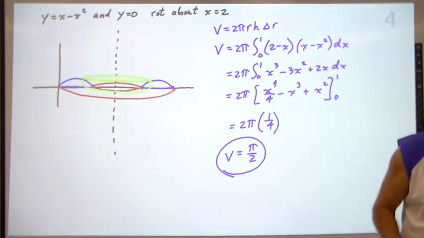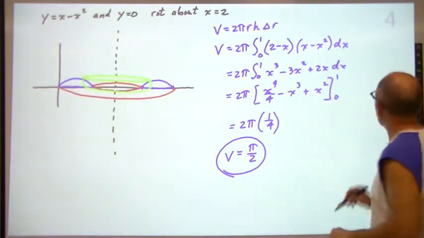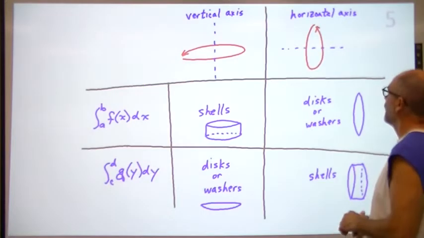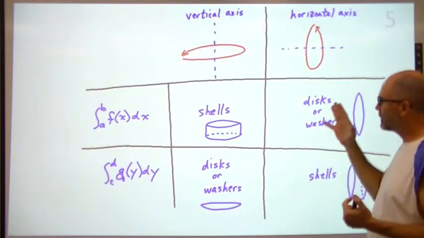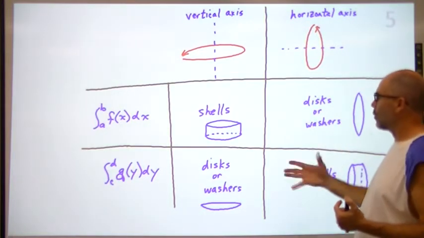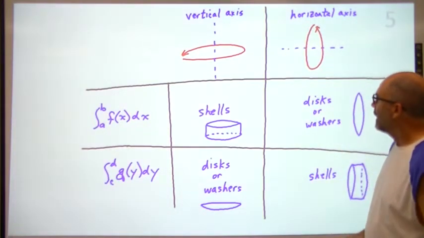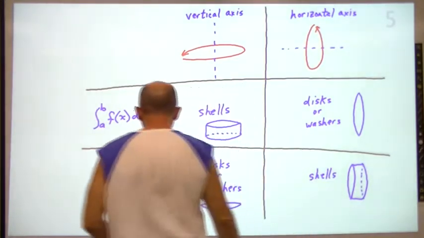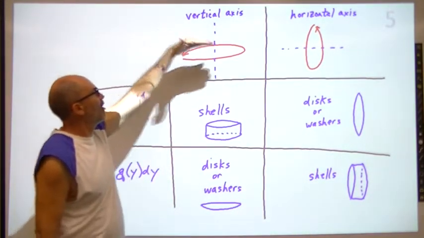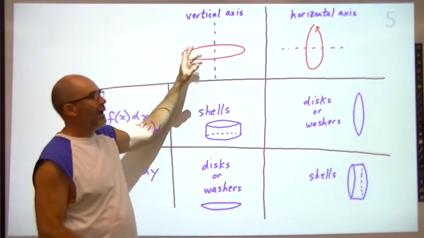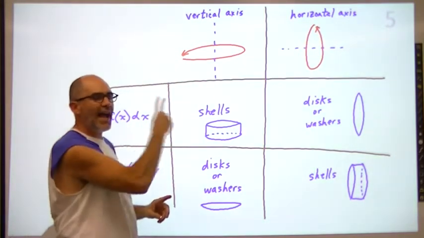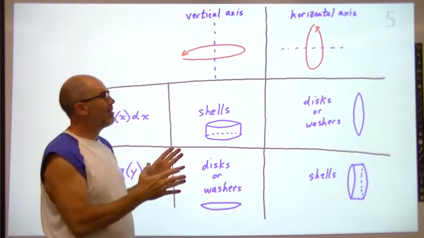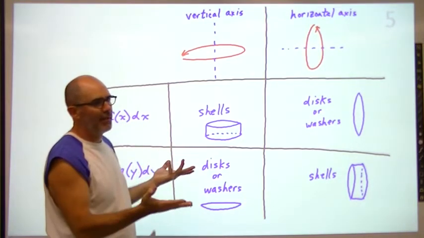Okay, now I want to wrap everything up and just show you the difference between shells and discs or washers. When you have a vertical axis of rotation, that means your function is rotating around the y-axis or around some value like x equals a constant.